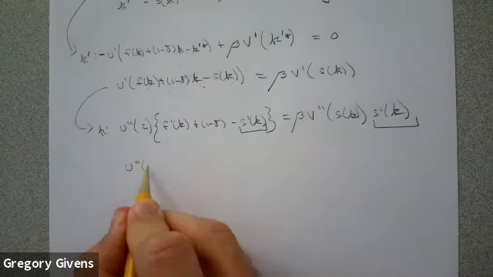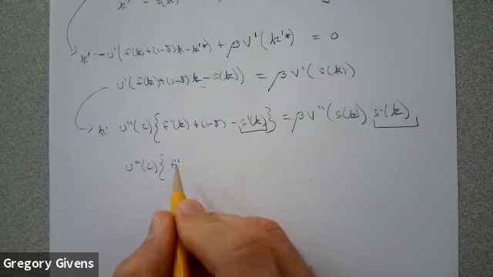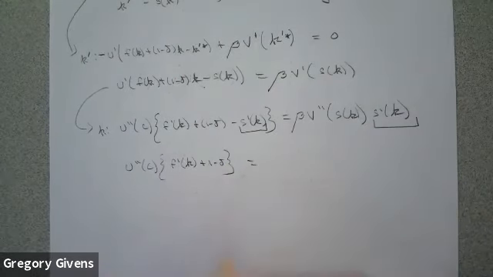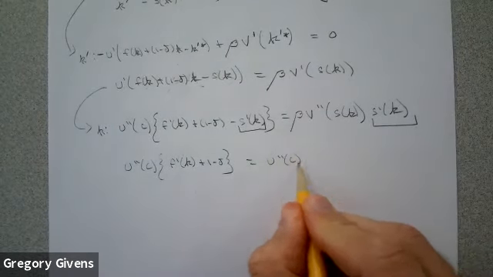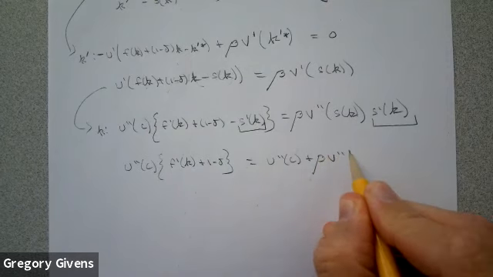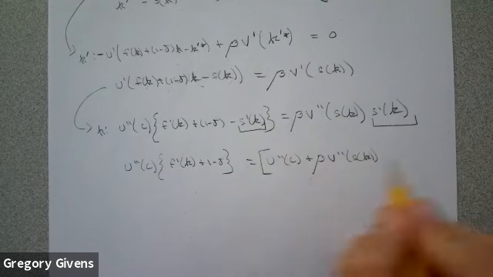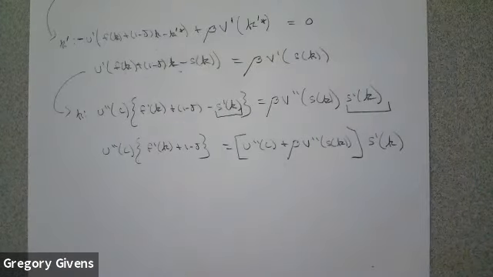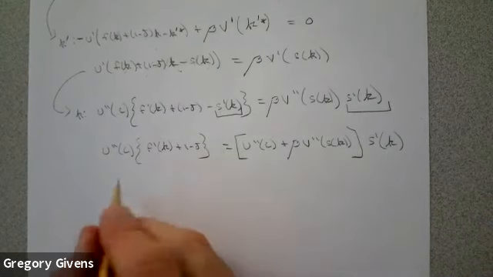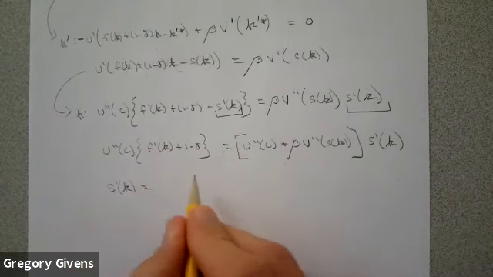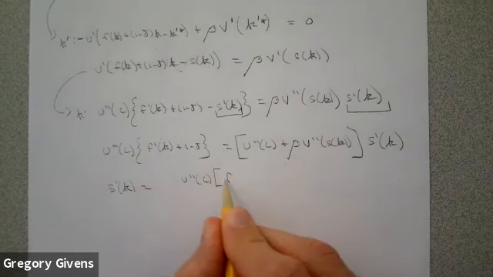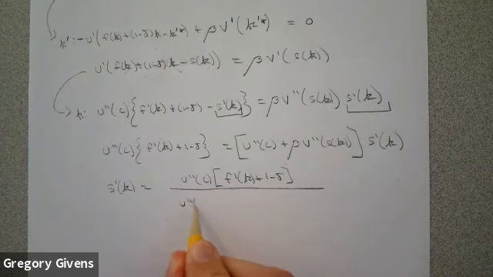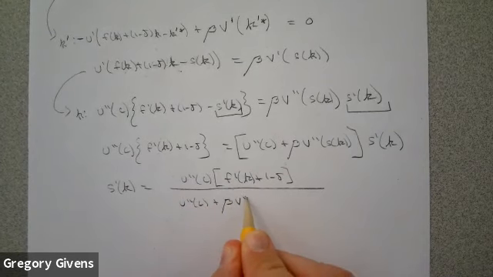This would be U double prime of C times F prime of K plus 1 minus delta is equal to U double prime of C plus beta V double prime of S of K times S prime of K. So S prime of K is U double prime of C, F prime of K plus 1 minus delta, divided by U double prime of C plus beta V double prime S of K.